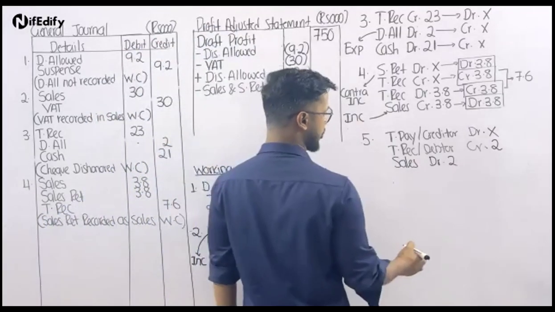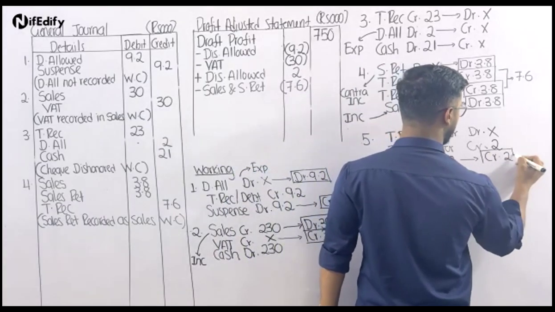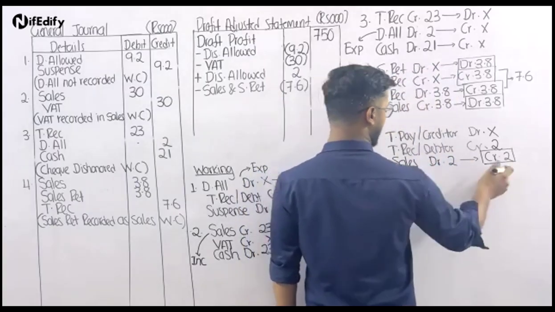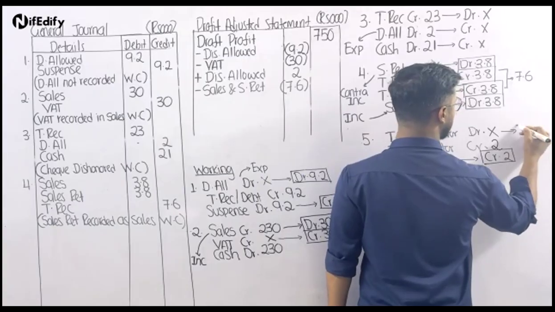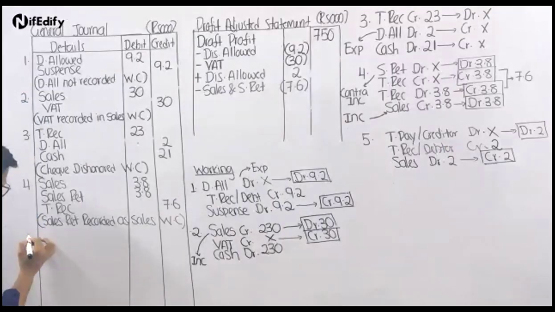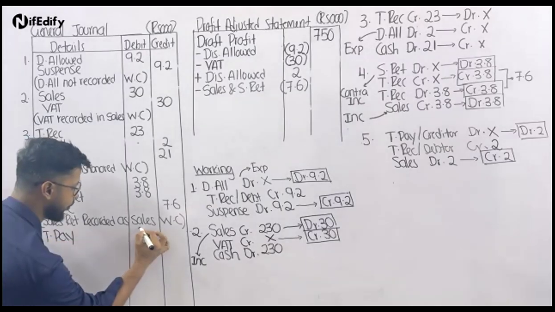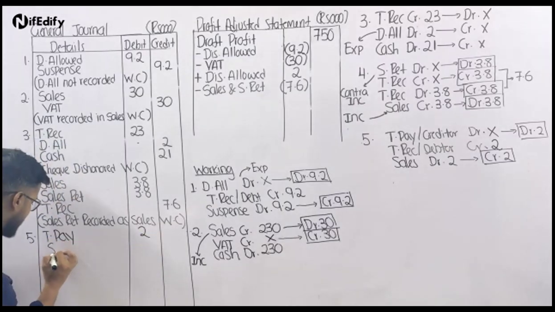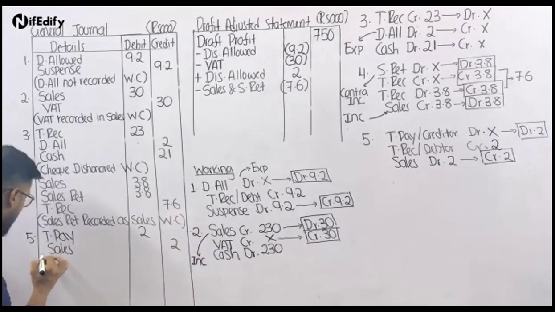Now, what am I supposed to do? Remove the sales by crediting it, and take it to the trade payable account with a debit. There you go, that's your answer. So the fifth one is: debit trade payable, credit sales.